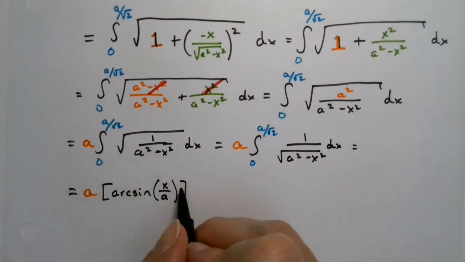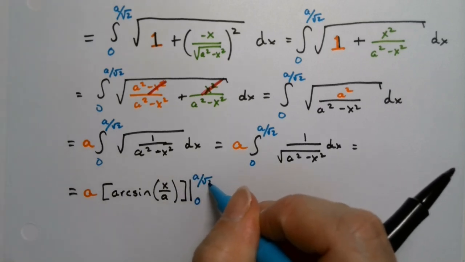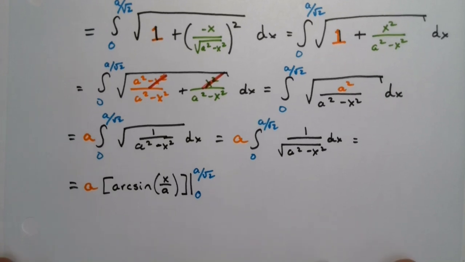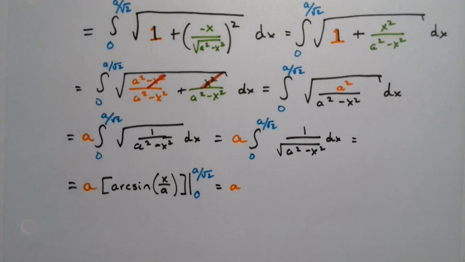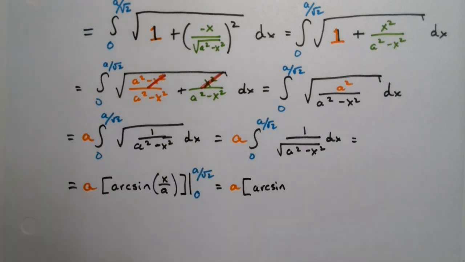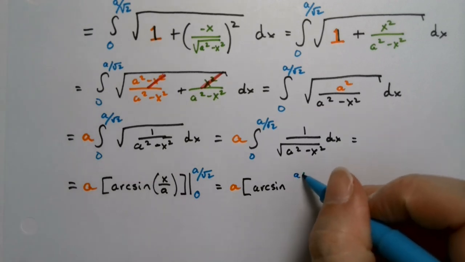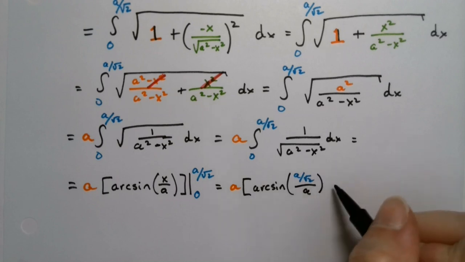And we're taking that from 0 to a divided by the square root of 2. Okay, so that would be a out in front still sitting there. And then it's the arc sine of a divided by the square root of 2 divided by a minus the arc sine of 0.